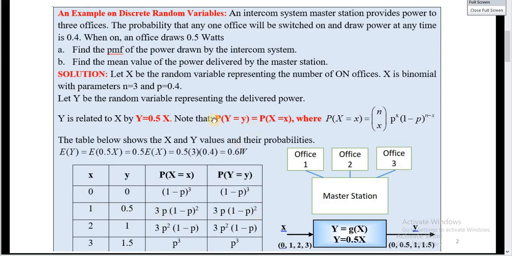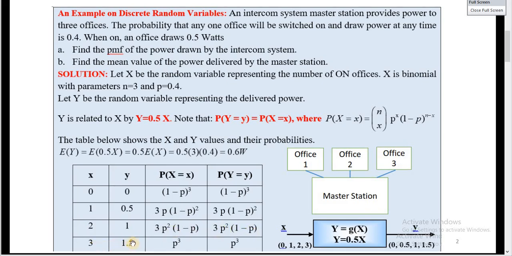And we have 1 watt drawn when two of the offices are switched on, so the probability that y is 1 what? When two offices are switched on, that is when x equal to 2, and the probability that y is 1 is 3p squared 1 minus p.